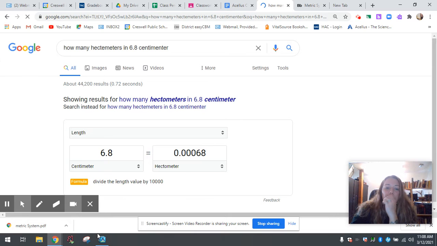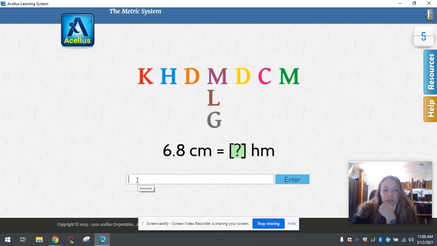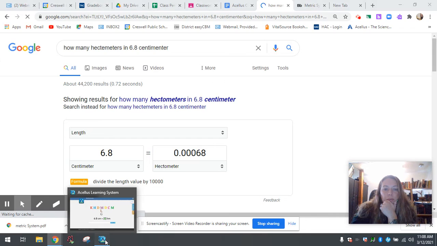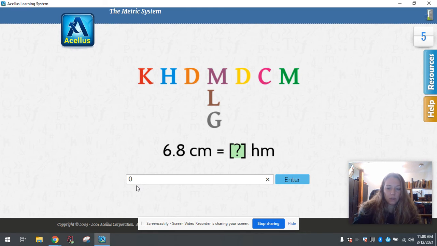Okay, 6.8 centimeters is 0.00068 hectometers.